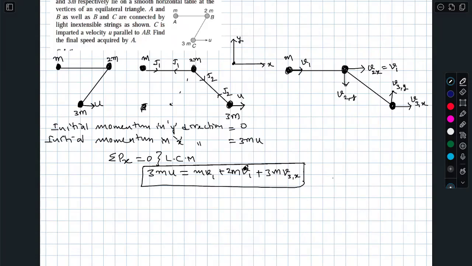So with this you will get u is equal to v1 plus v3x.